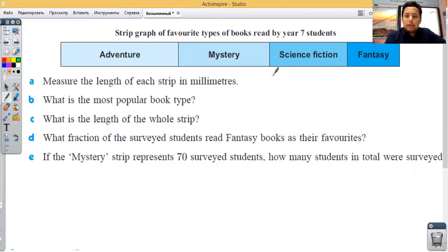If you have ruler at home, you can measure the strip in millimeters, and I can answer without using ruler by estimating. For example, look at this question: what's the most popular book type? I can easily say that it's adventure, because adventure is the longest rectangle. Look here, it's the longest rectangle. That's why I can answer this easily. But other questions, you're using a ruler.